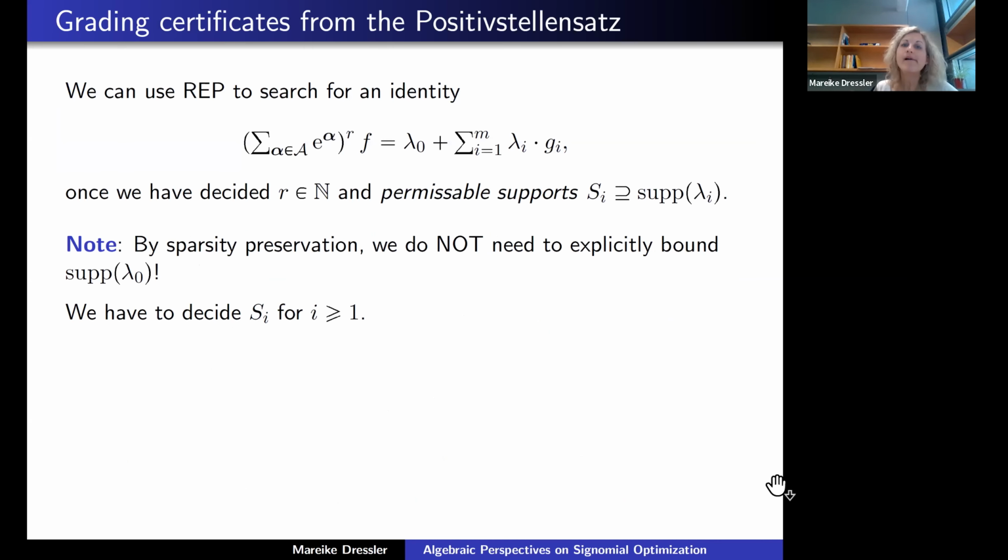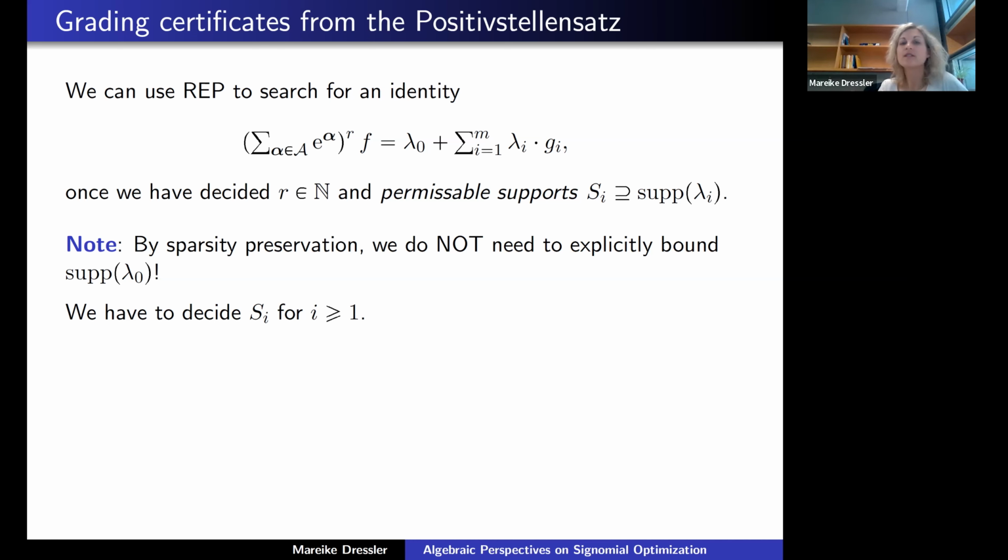Okay, now we have such a Positivstellensatz. Now we want to use it for optimization. So we have this representation now, and clearly we have to somehow grade these certificates.